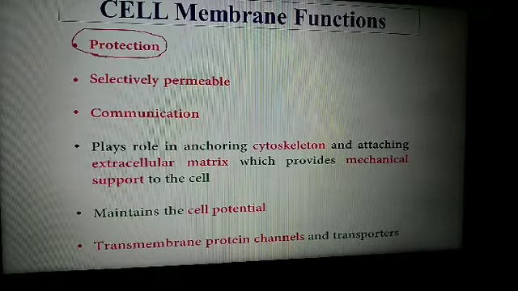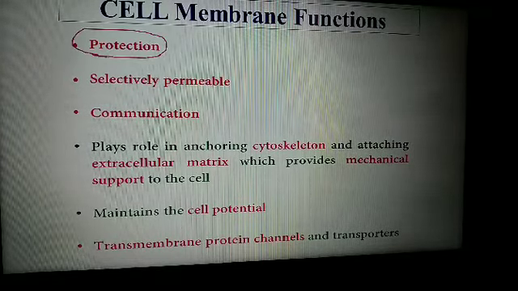Meaning, it only allows certain molecules to pass across the membrane, due to which the cell membrane is also known as a selectively permeable membrane or sometimes a semi-permeable membrane. And the third function is communication.